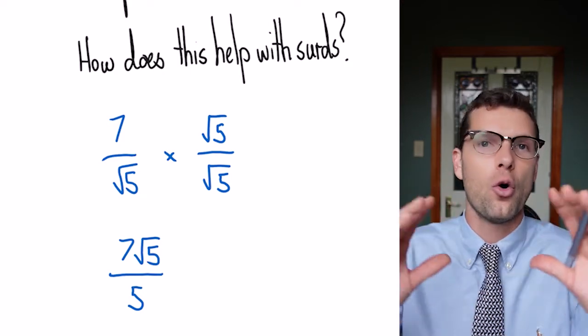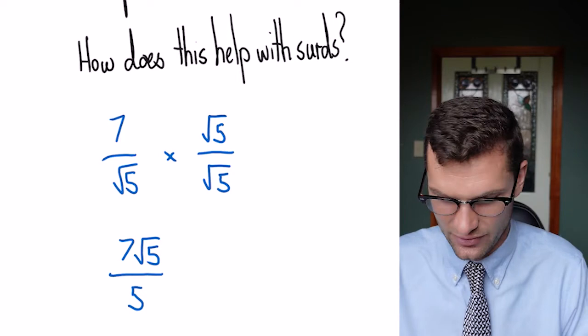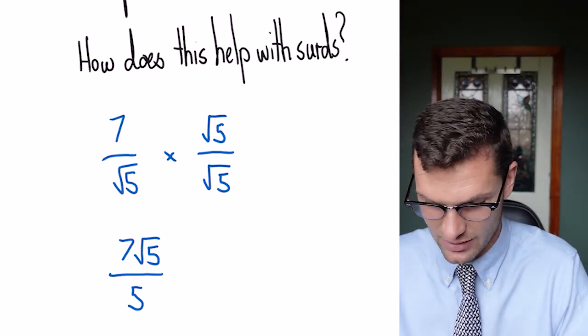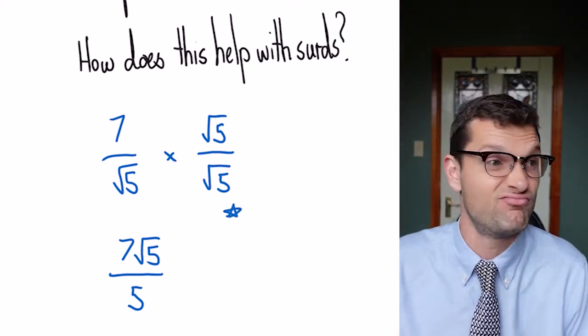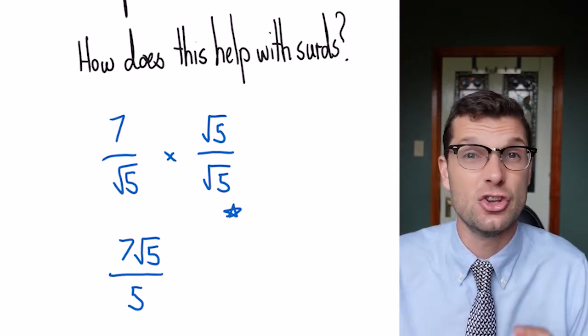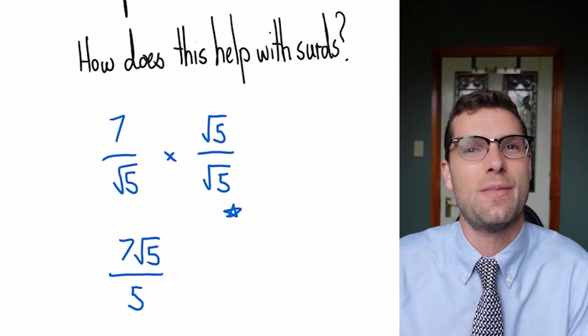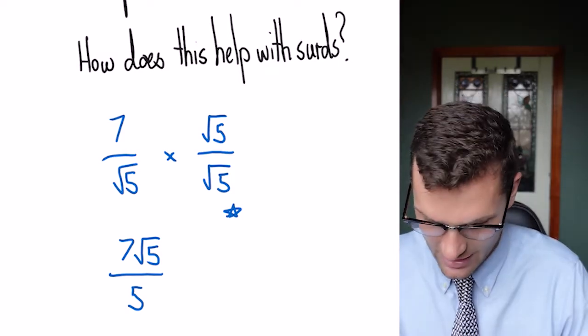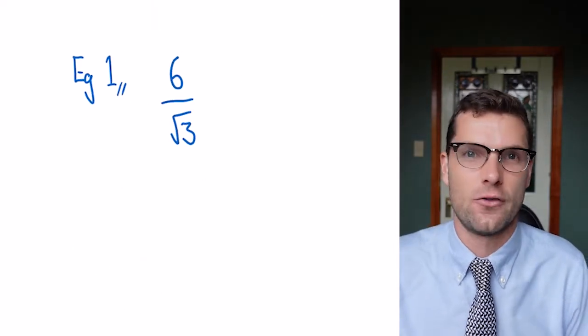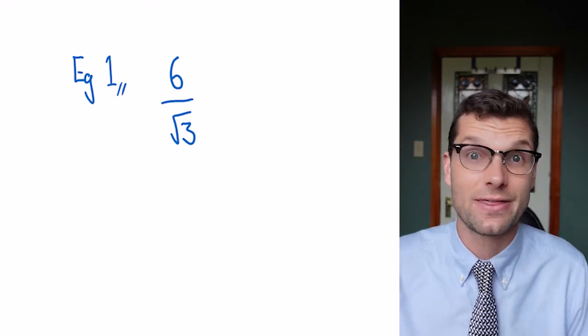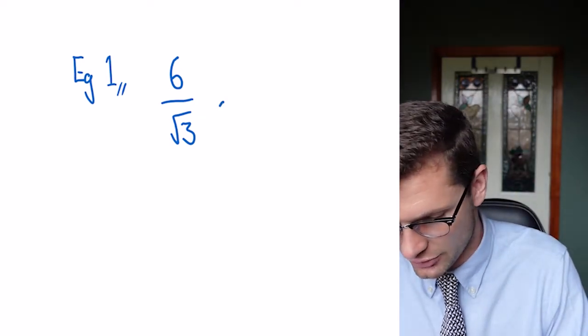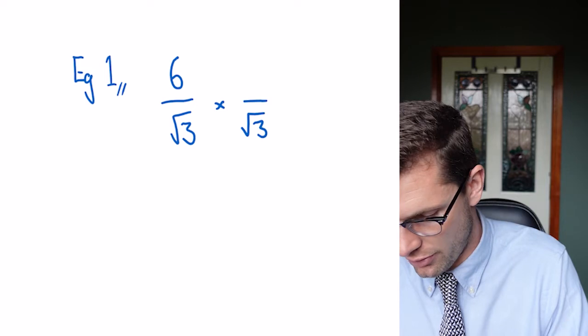So even though all that explanation seems a little bit difficult, all you're doing is multiplying one thing by a surd, and then you're done. You do, though, have to look out for simplification at the end, because you will lose a mark if you don't fully finish it. So in this example here, I've got 6 over root 3. I don't even have to think. All I've got to do is multiply the top and the bottom by root 3.